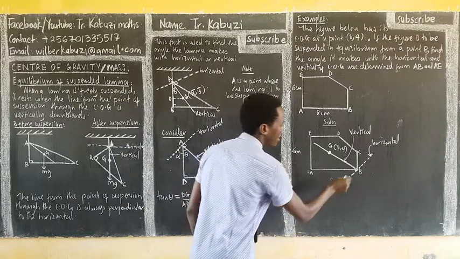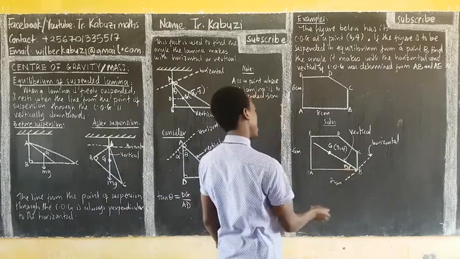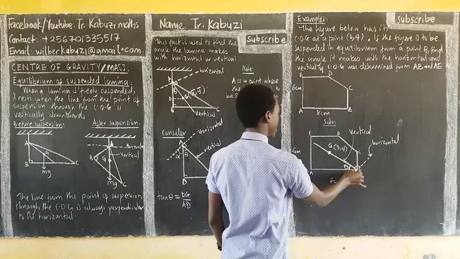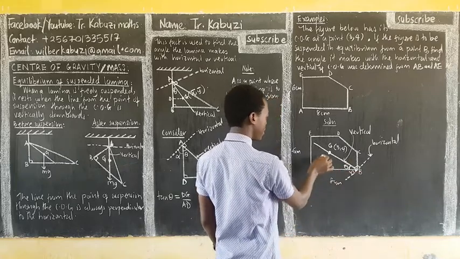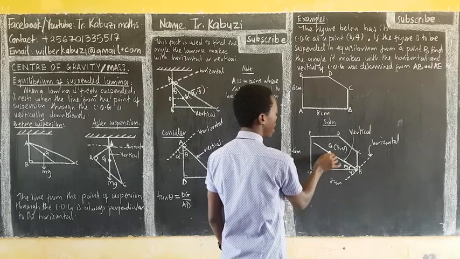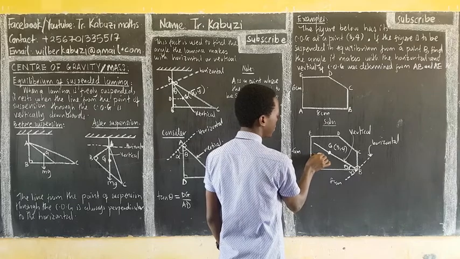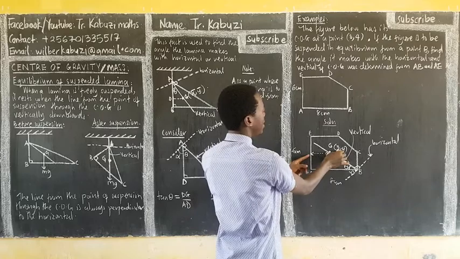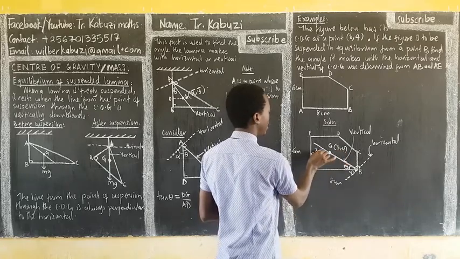Now, if I call this theta, the angle next to it, let me call it alpha, because from here up here I know it's 90. Now, how do we get the distance? They tell us that from AE, it means that from here up to here, there are 3 units. X is the horizontal distance, so there are 3 centimeters.